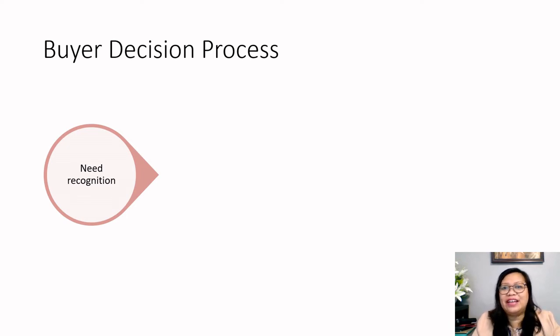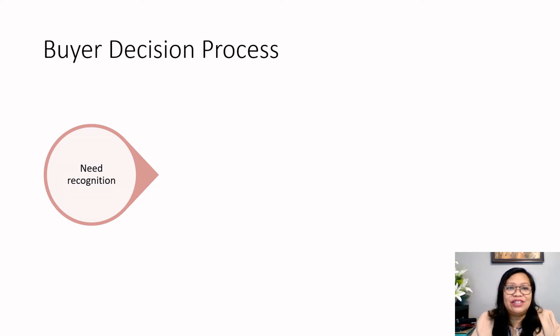For example, an advertisement or a discussion with a friend might get you thinking about buying a new car. At this stage, the business should research consumers to find out what kinds of needs or problems arise, what brought them about, and how they led the consumer to this particular product.